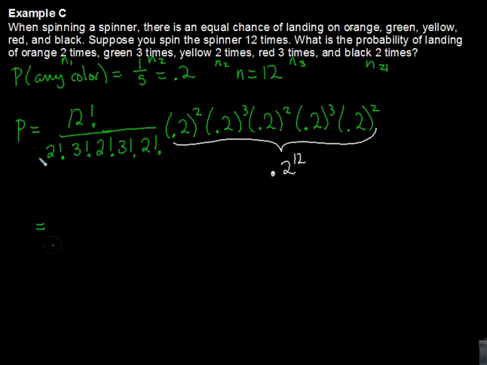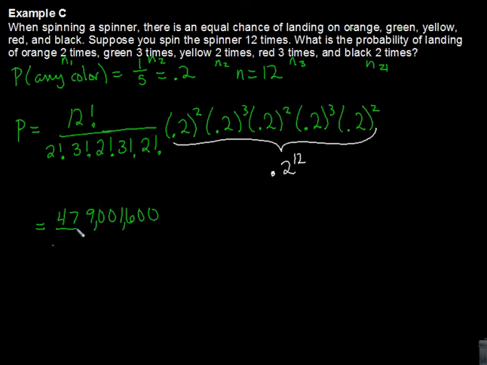So 12 factorial is a very small number. 479,001,600. Very small number.